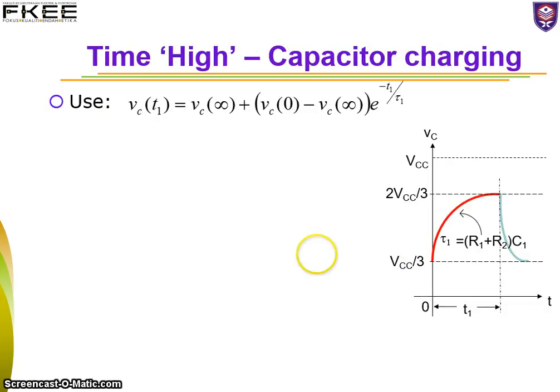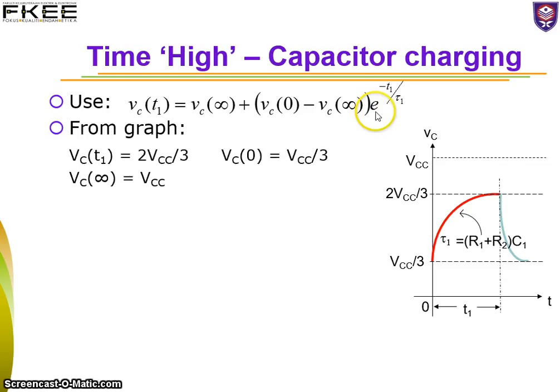Okay, now we look at T1. It is being charged from 1/3 of VCC to 2/3 of VCC with tau equal to R1 plus R2 multiplied by C1. Using this equation, Vc at T1 is this voltage, 2/3 of VCC. Vc0 is the initial voltage. Vc infinity, if we let this capacitor charge, it will reach the maximum, which is VCC, the steady state value.